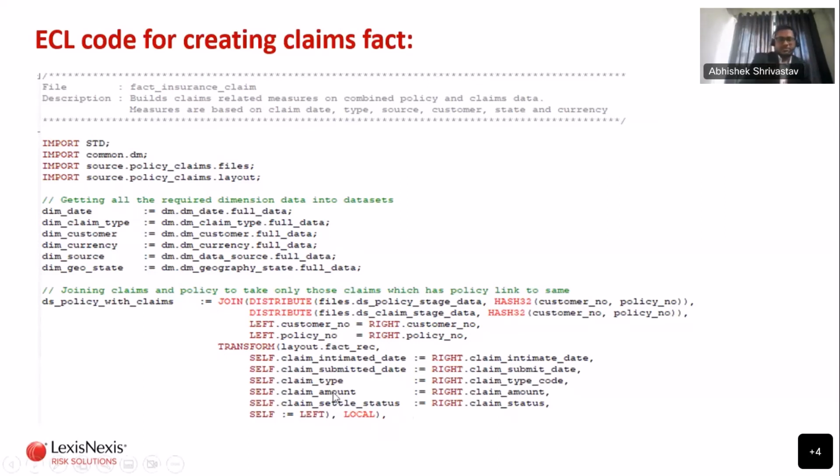Once I have joined my data set, we are getting claim-specific columns. You can see here that we have all the claim-specific columns captured, plus we have also maintained the policy-specific columns. So this joined data set gives me a structure which has both the claims and the policy columns.